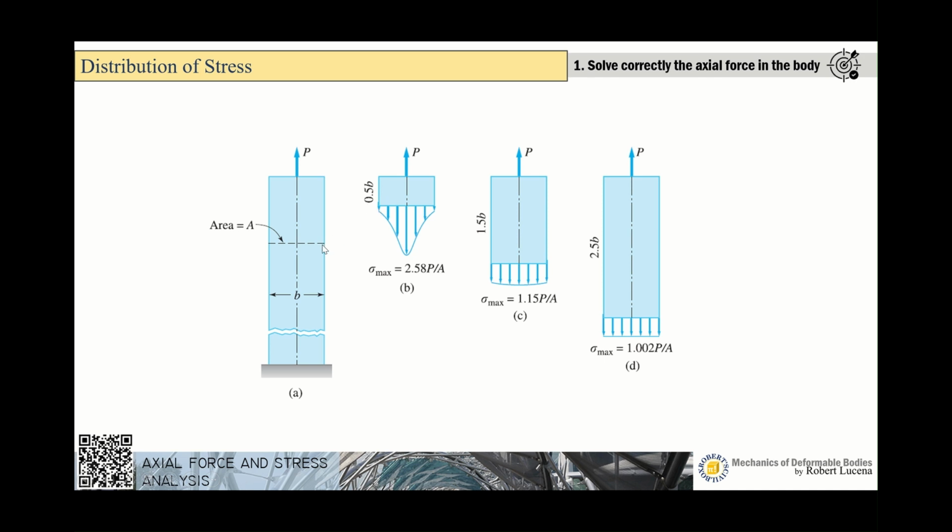As you go further away from the point of application of P, the stress becomes more distributed. And eventually, if you reach a certain point, 2.5 times the width of this portion of the material, the stress can now be assumed to be equally distributed. So in this study, we'll just focus on this case where P is causing a uniformly distributed stress over the cross-section where it is applied.